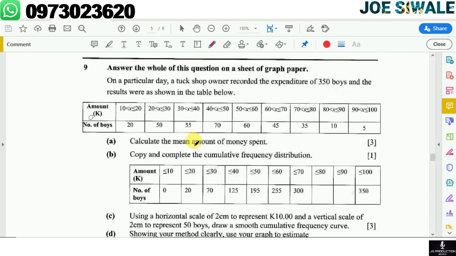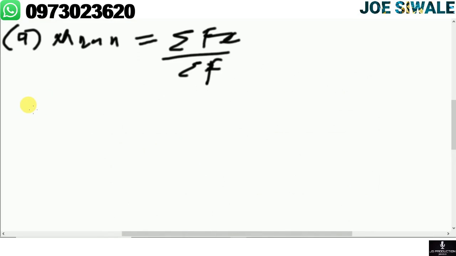Second one, 20 to 30 divided by 2, that's 25. So we are going to do the same. We'll be multiplying the midpoint by the frequency. So that's going to be the summation of f of x. To write this down, the midpoint for the first one, which is 10 to 20, is 15.